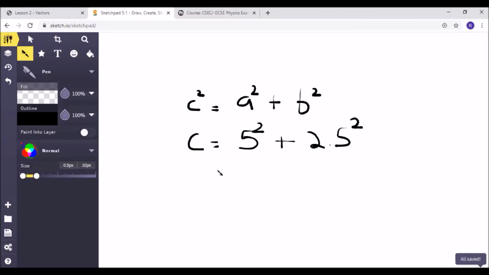And now let's continue this. And there's a square here as well still, right?